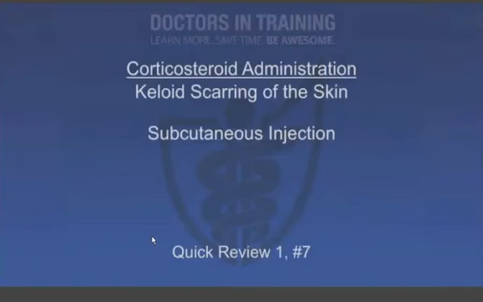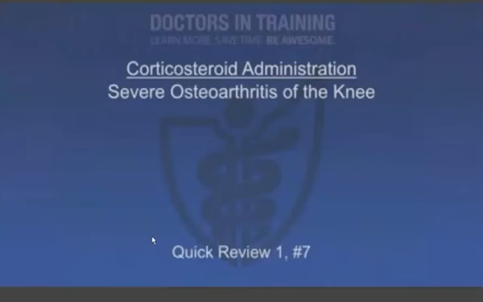So corticosteroids can inhibit the deposition of collagen and reduce the size of that keloid scarring. Anyway, this is a subcutaneous injection. So you can subcutaneously inject corticosteroids into the keloid. Systemic administration, oral administration, is not going to help. You need to get it right to the place where the problem is in this instance.